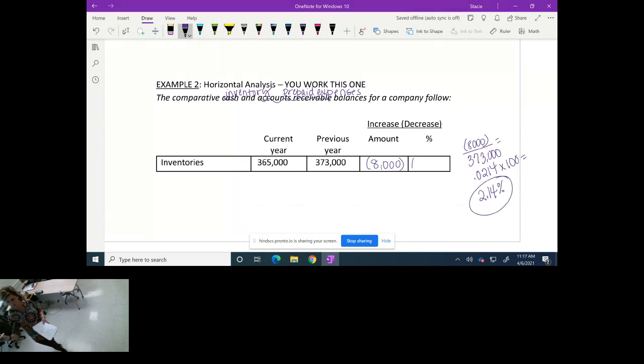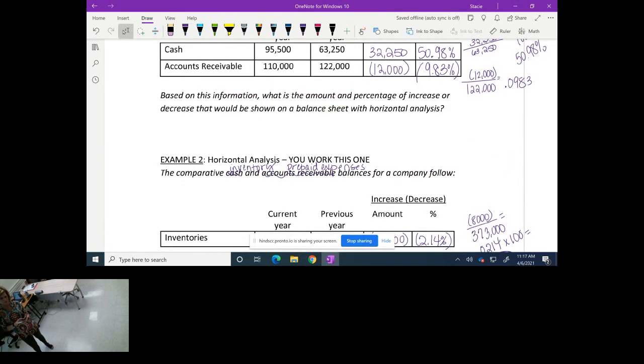Y'all get something close to that? Yes, no, maybe. Yes. Oh, I fixed it. Let's see, 12,000 divided by 122.